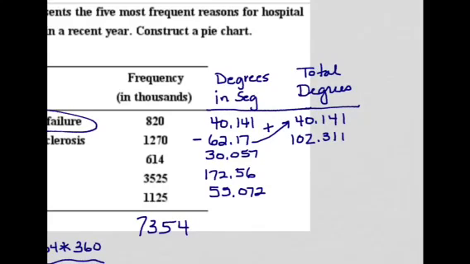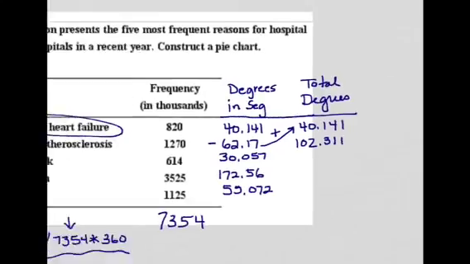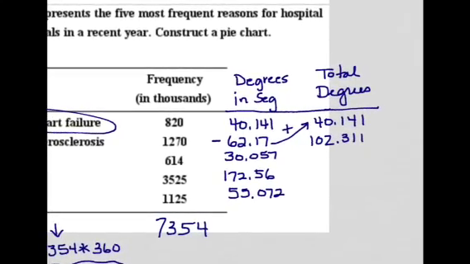And then for the next value, which is heart attack, then I'll add the 30 degrees onto the 102.311, and that will give me 132.368, and I just keep adding, 304.928, and then add the 55.072, and that will bring me exactly to 360 degrees.